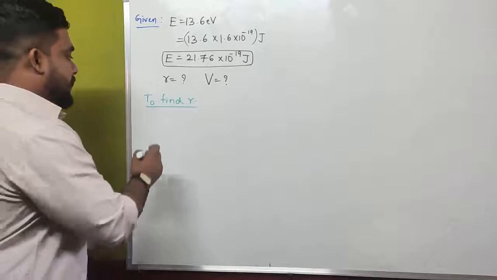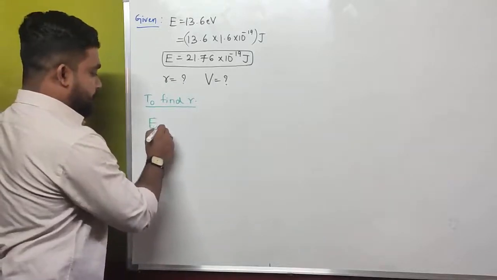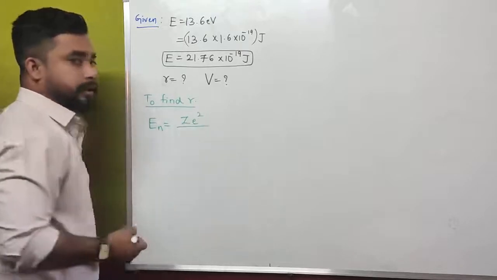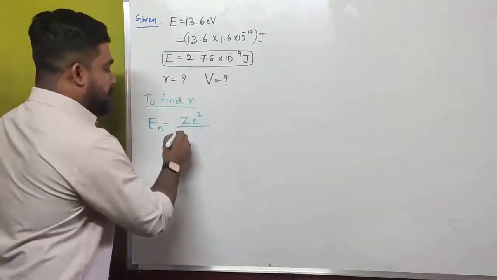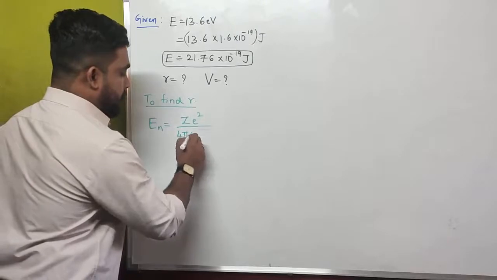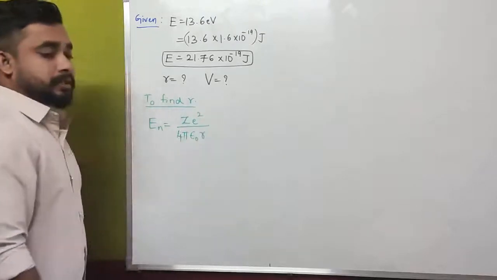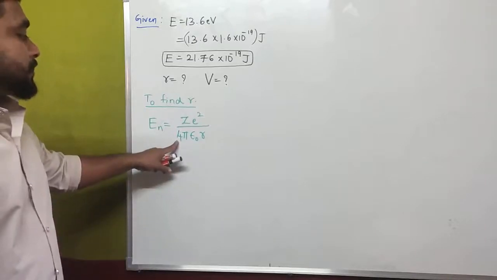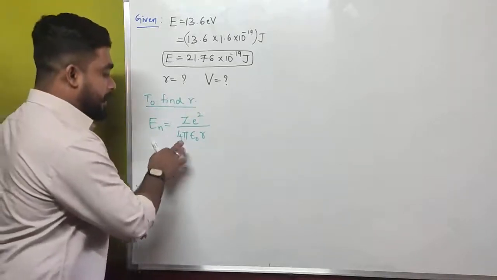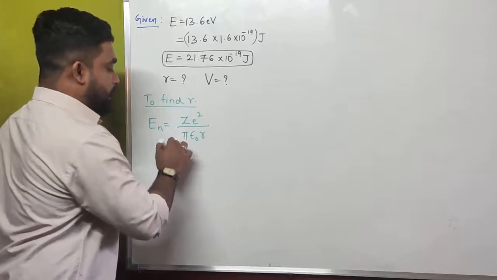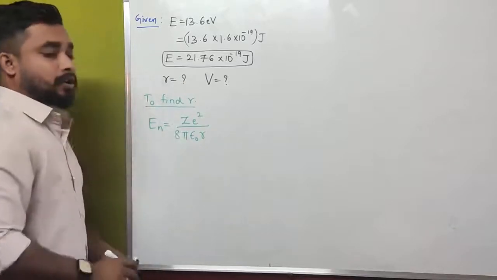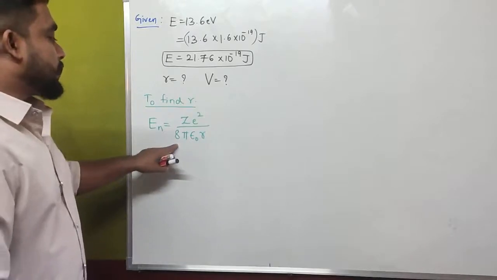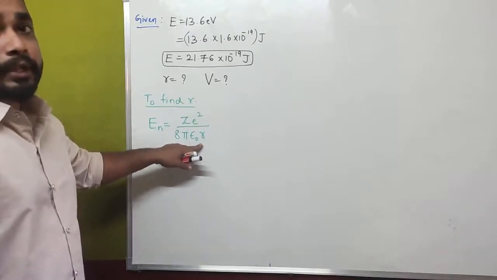That is En is equal to ZE square divided by 4 pi epsilon naught into R. Actually here this is not 4, this is actually 8 pi epsilon naught into R. Actually this formula was given by Rutherford.